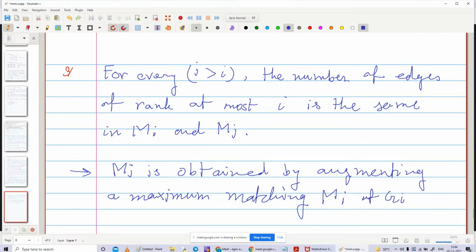So Mi is a maximum matching in G prime i, and Mj is a maximum matching in G prime j.